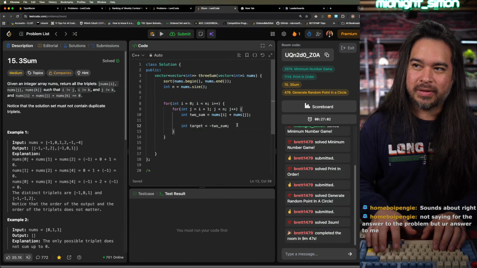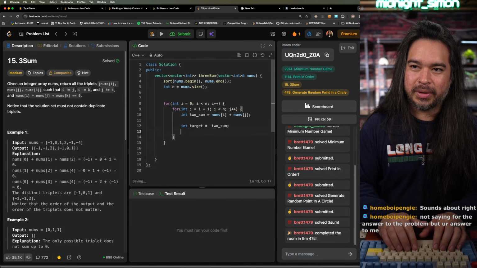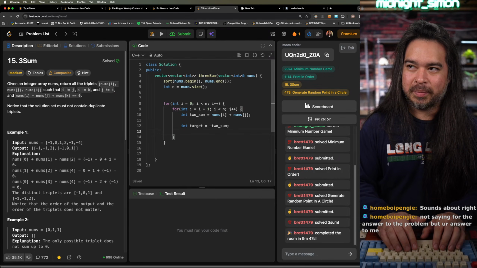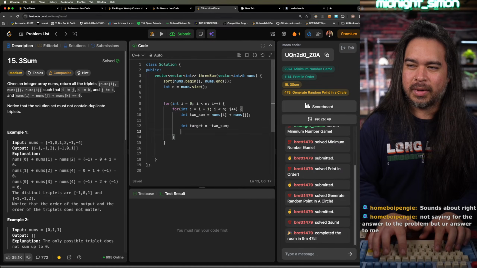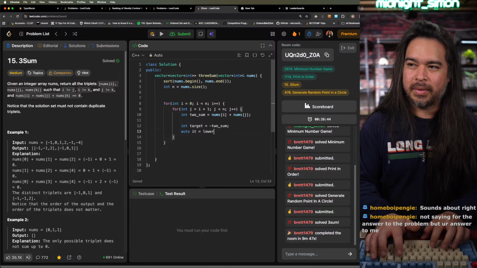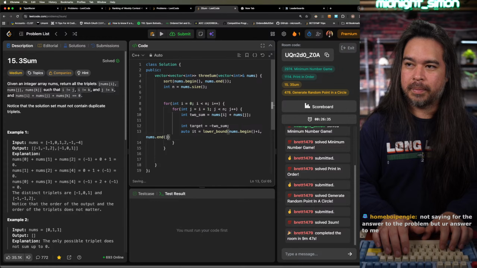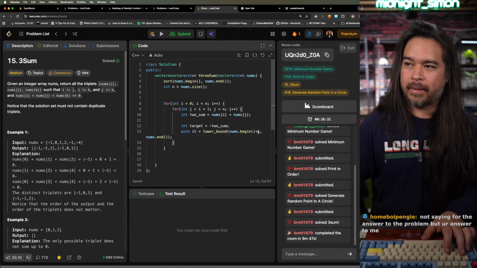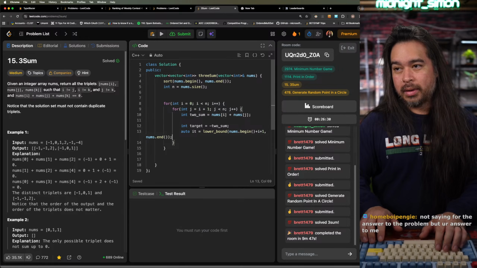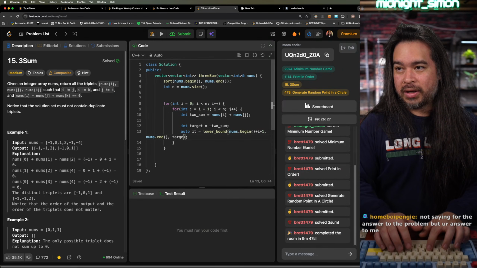Anyways, I'm going to continue and see where I get stuck for real. I think I'm already stuck, but I don't even remember how to binary search lower bounds. And the target would be the target, right?